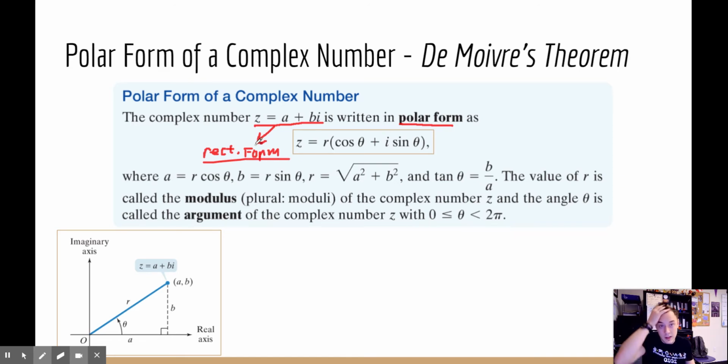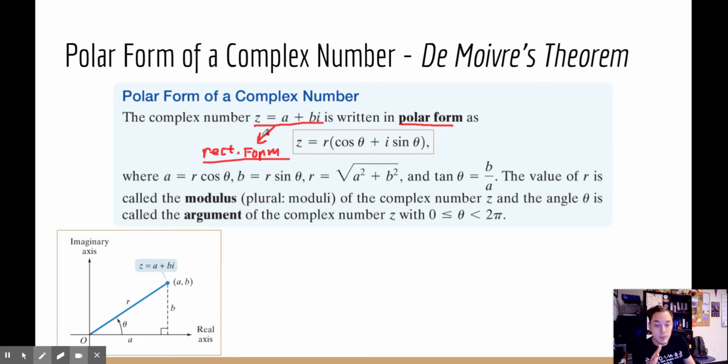Remember, rectangular form is just x and y, but I can still have rectangular form with the complex number system. I don't need my real number system, my x and y system, to have a rectangular form. I can have a rectangular form even with imaginary numbers, with my complex system.